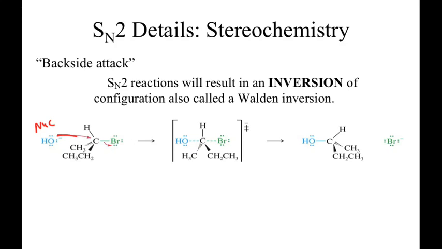We know it's donating because we can see the arrow aiming towards our carbon. It attacks our substrate, our carbon, while the leaving group leaves. We can see that with the arrow going from the carbon-bromine bond towards the bromine. We technically don't have this thing in the middle. I'm going to erase that X in a second, and it goes straight over to our products.